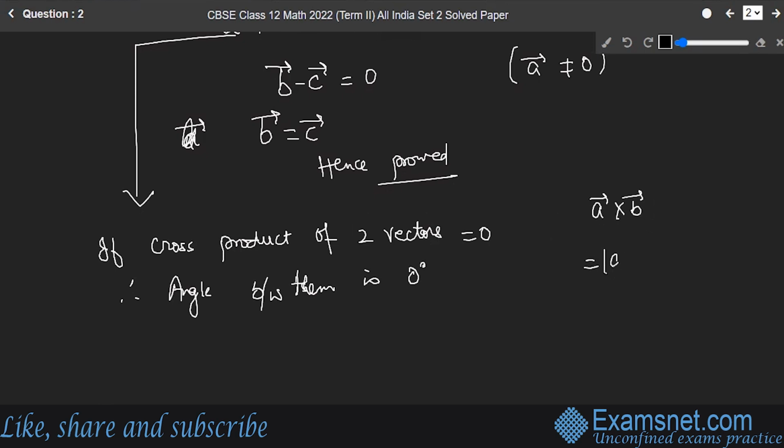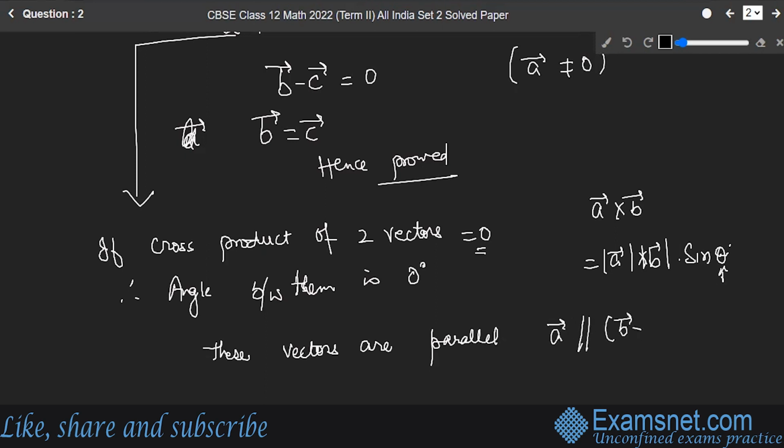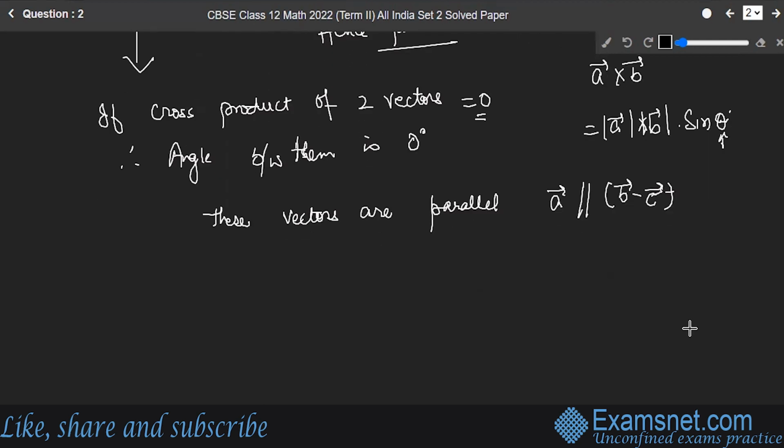This is given by the magnitude of A multiplied by the magnitude of B and the sine of the angle between them, right? So if it is equal to 0, that means theta is equal to 0, or these vectors are parallel. That means A vector is parallel to B minus C vector.